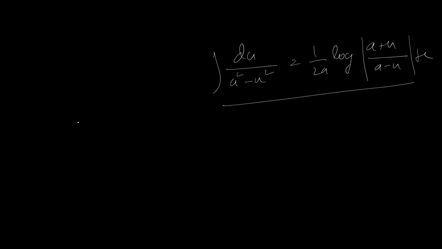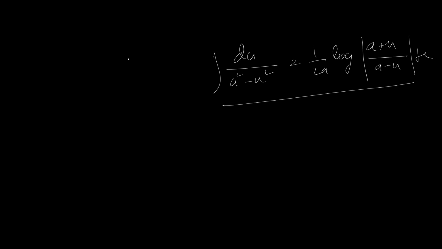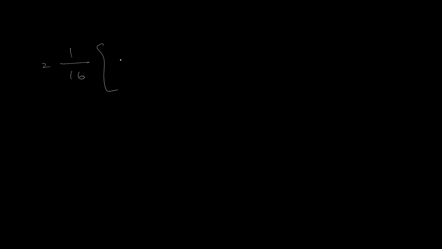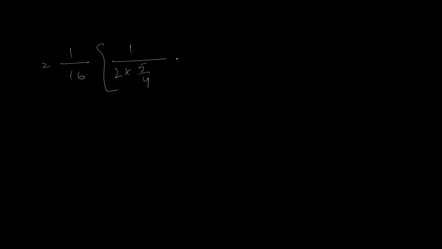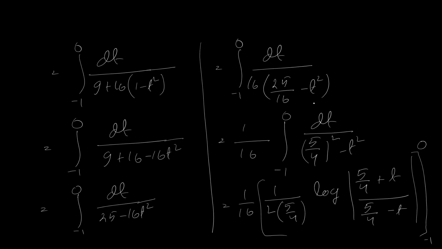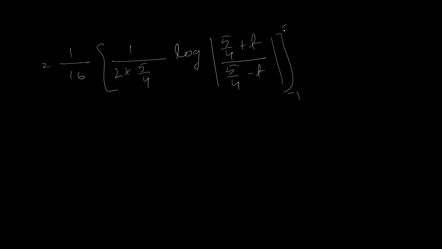Again, let me write it properly here. What I got is 1 by 16, times 1 by 2 into 5 by 4, log of (5 by 4 plus t) by (5 by 4 minus t), from minus 1 to 0.